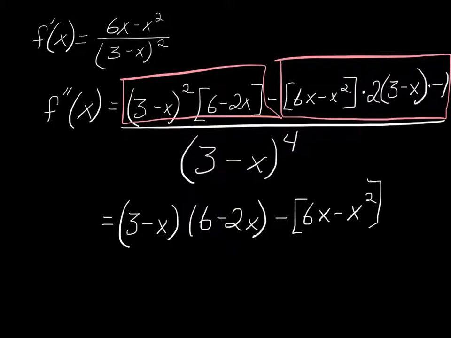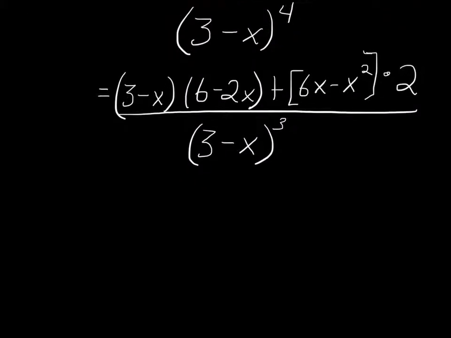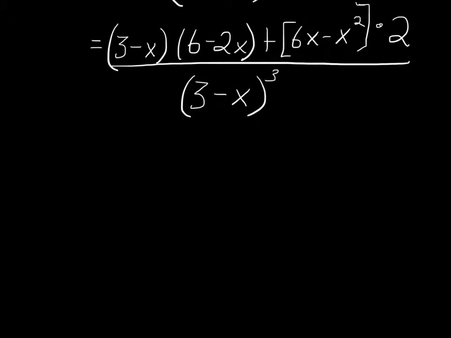And then since we canceled out this 3 minus x, we just have this 2. And I'm going to change this sign to a plus rather than add a minus 1. And then that's all over 3 minus x, and now that 3 minus x is cubed, not to the 4th. Okay? So I guess I'm going to have to scroll up just a little bit. Remember, this is our second derivative.